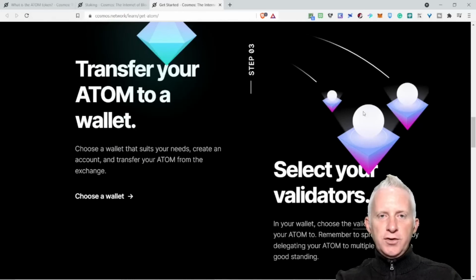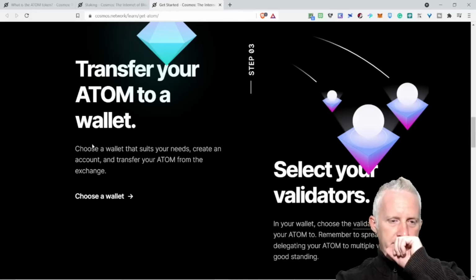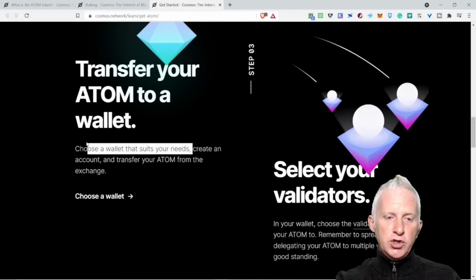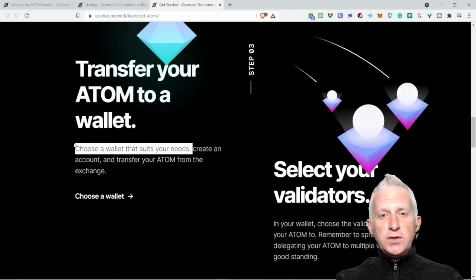The second action you need to do is transfer your Atom to a wallet that supports the Atom cryptocurrency. So choose a wallet that suits your needs. This is really important. When you choose a wallet, you need to choose one that fits your purpose. Sometimes you can have a wallet on your smartphone or your web browser, or a cold wallet or hardware wallet, as we call it.